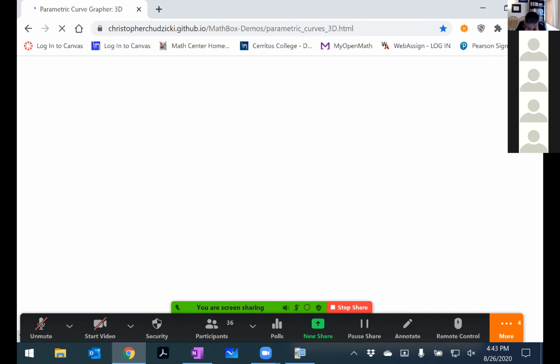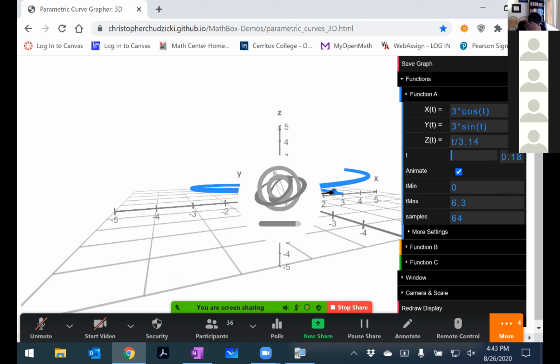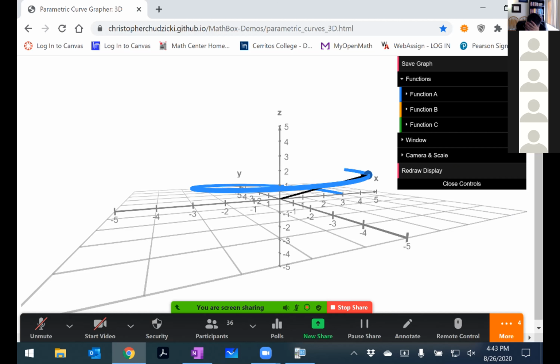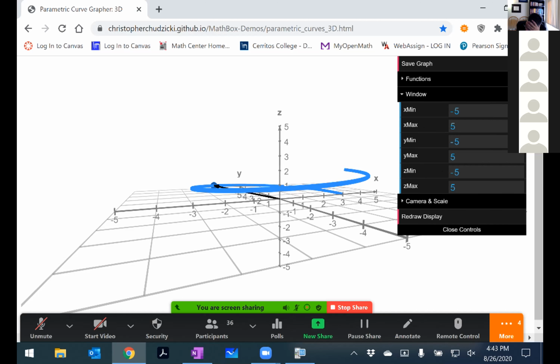Is this one going to work for me? No, that's my parametric grapher as well. I just wanted a vector in 3 space. Will this graph just a vector? I don't know.